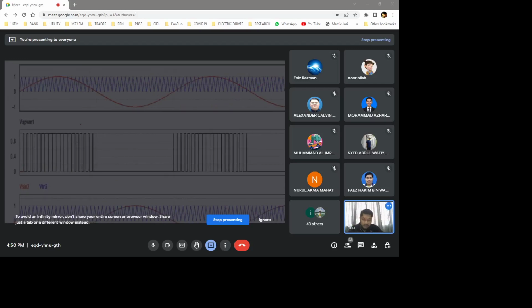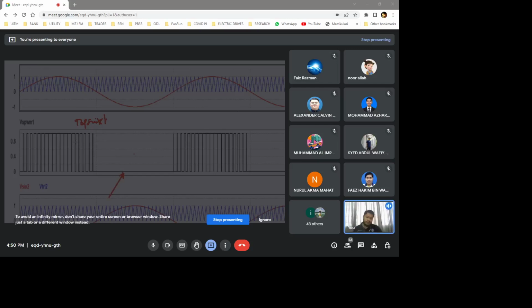This will be connected to SPWM1 as switch 1, the top switch, and if you compare with the other switch, this is off.